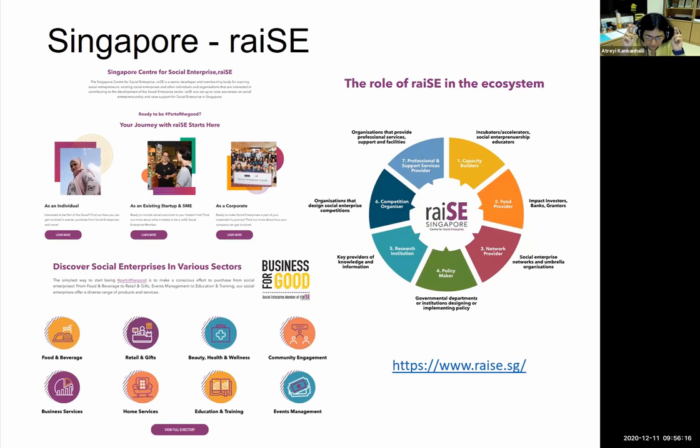The Business for Good logo is used by the businesses, and it helps these enterprises because customers become aware that this is a social enterprise, and customers who believe in these values feel encouraged to patronize these businesses.